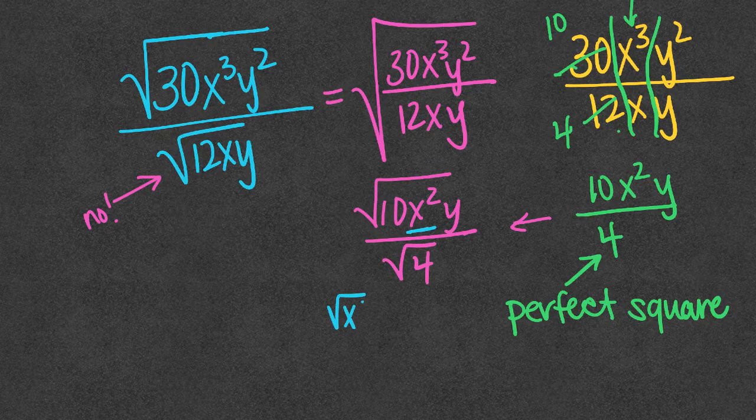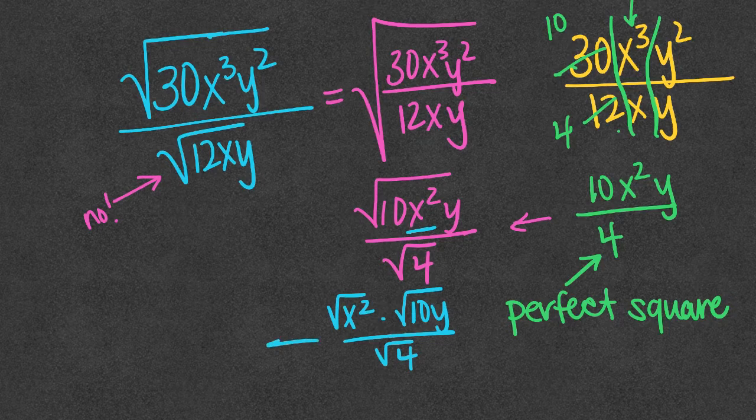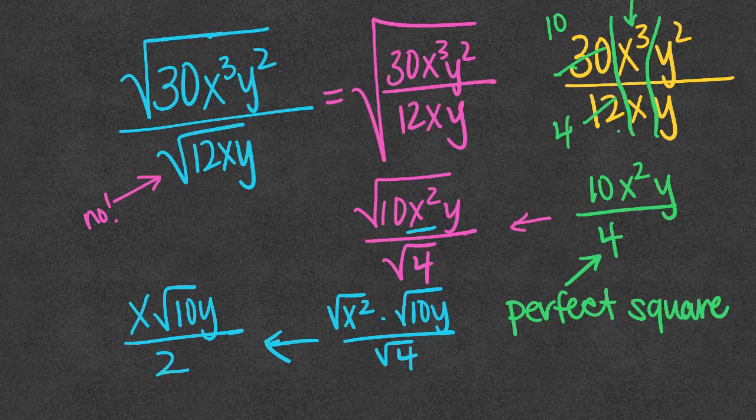So I can write this as x squared root 10y, because y doesn't have any perfect squares. And then 4 is a perfect square, so over the square root of 4. And kind of going backwards, the square root of x squared is x root 10y, and then the square root of 4 is 2.